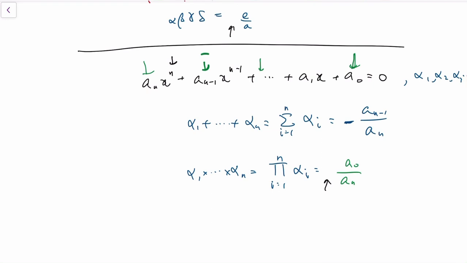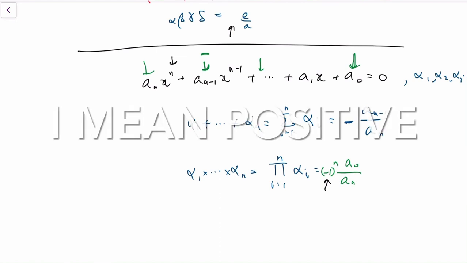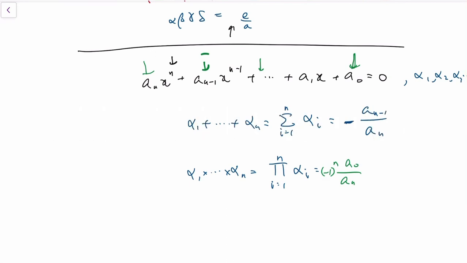What I mean is we can just put in front negative 1 to the power of n, because if n is odd, negative 1 to the power of odd is negative, but negative 1 to the power of even is positive.